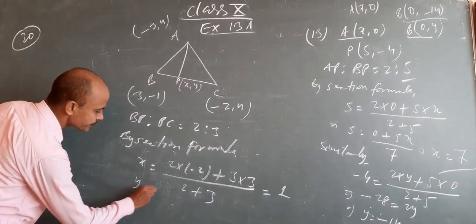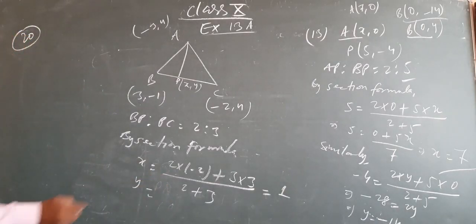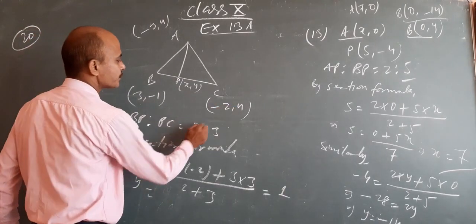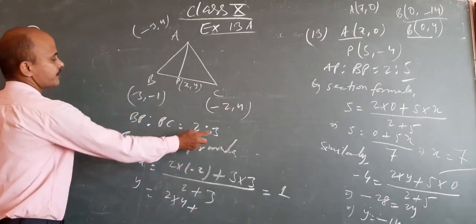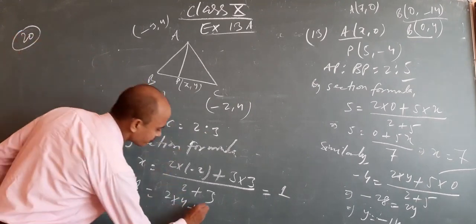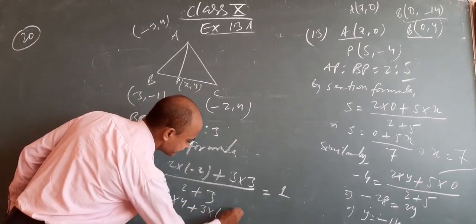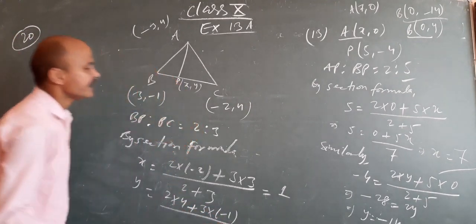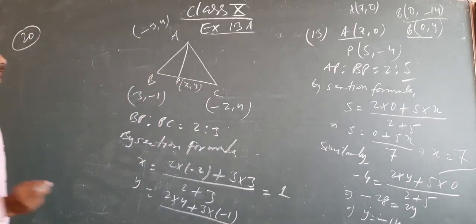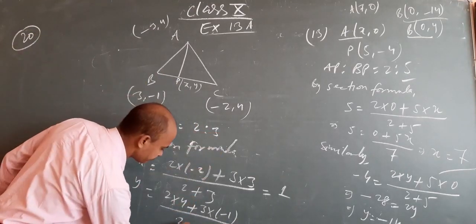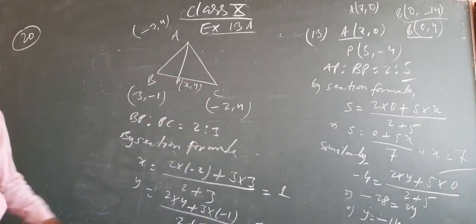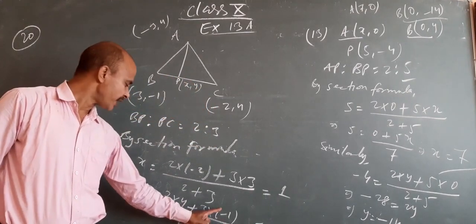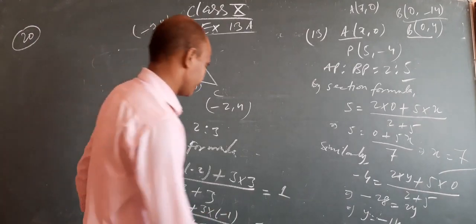Similarly, y is equal to m1 y2, 2 into 4, plus m2 y1, 3 into minus 1, by m1 plus m2, 2 plus 3. This value will come 8 minus 3, 5 by 5 is equal to 1.